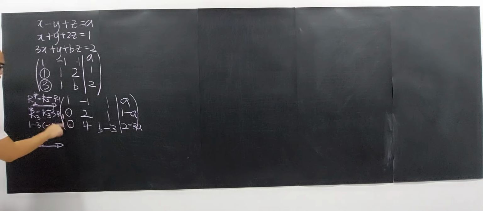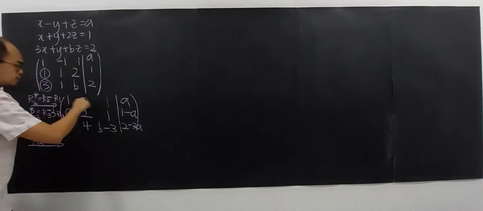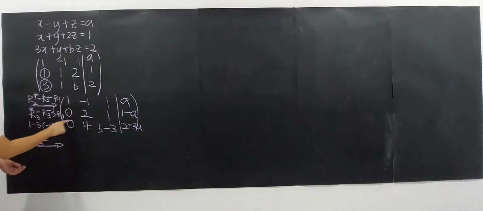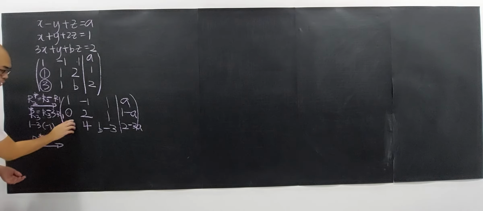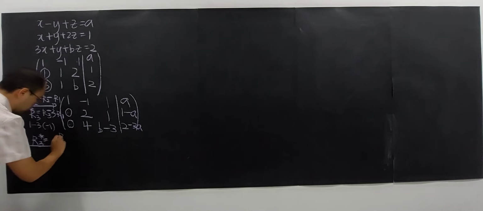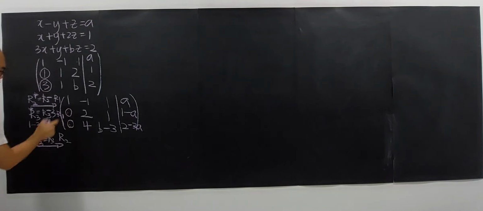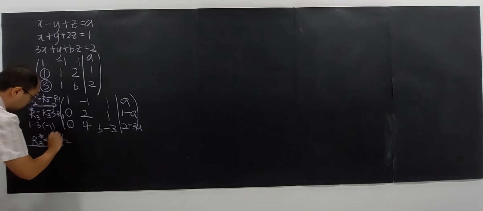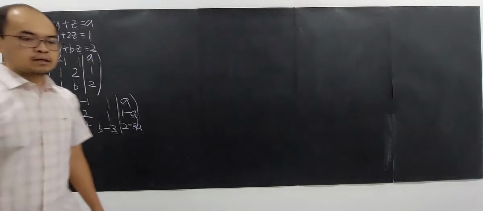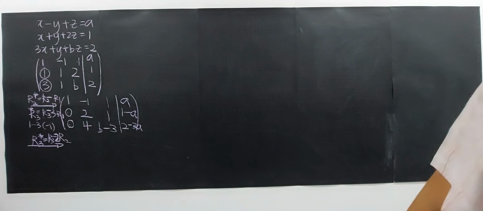I want to keep it at 0, so I better refer to the second row. So the third row and the second row, by putting a negative 2 here, means that row 3 minus 2 times row 2.